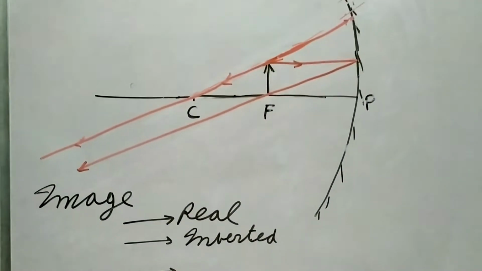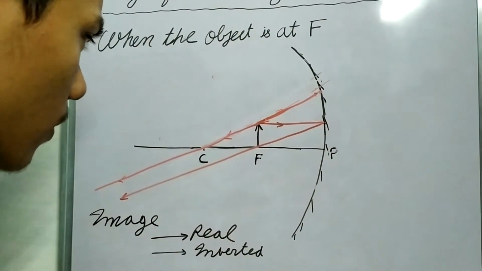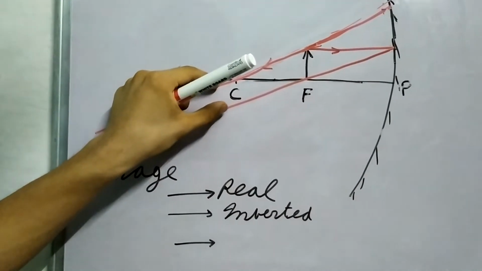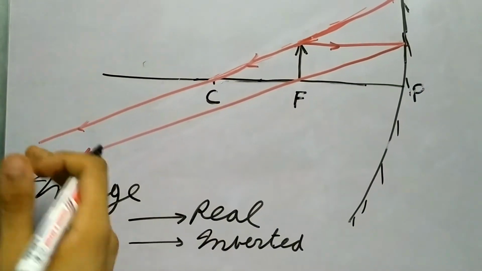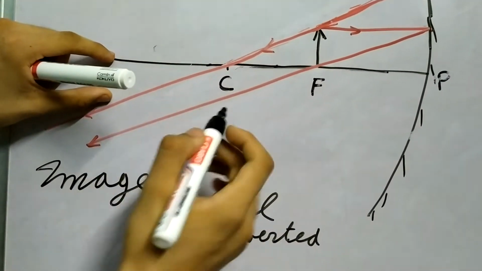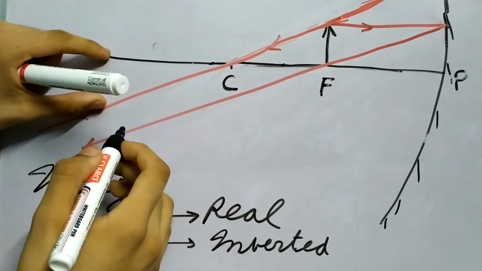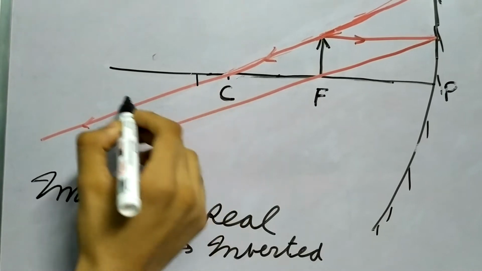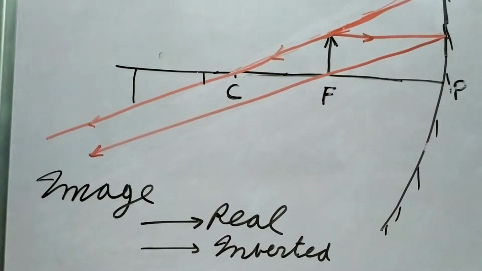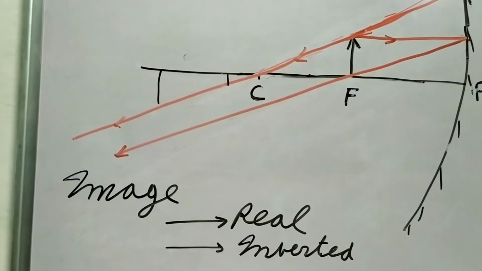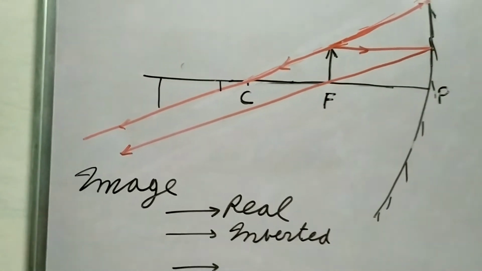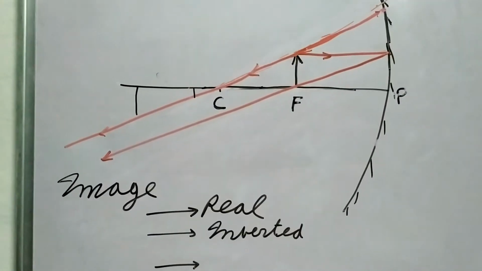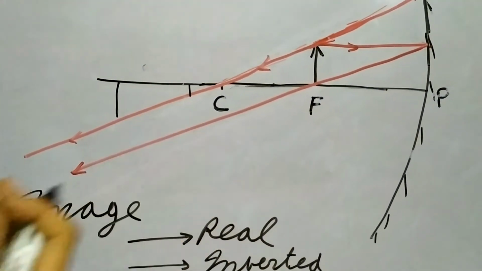What will be the size of such an image? Now, if you notice things carefully, these rays will go on and on, okay, like almost forever, and the distance between the principal axis and these rays will keep on increasing. So, for example, this distance is very, very small here, it will increase and will keep on increasing, and when they will meet, it will be extremely large as compared to the object, and then we say the image is highly enlarged.